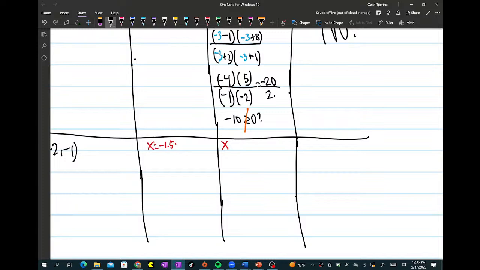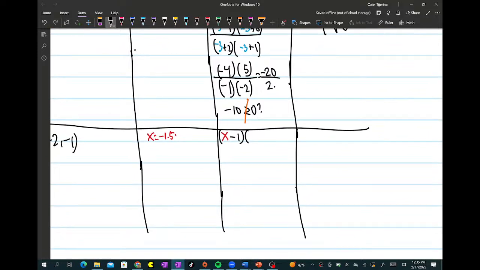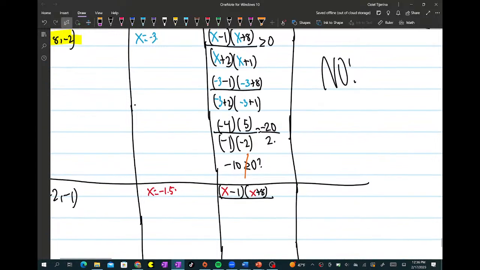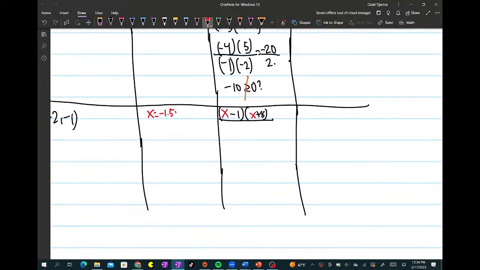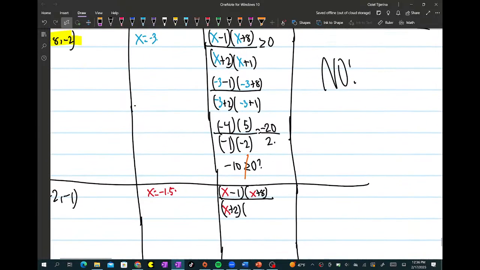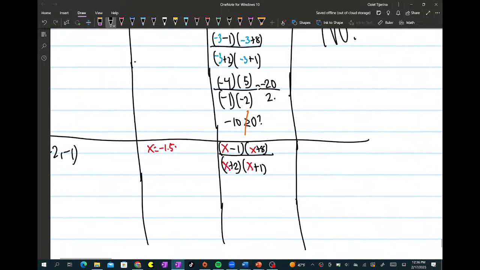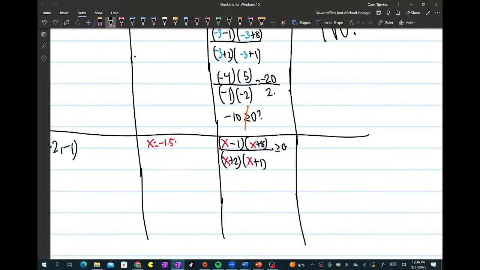We have (x minus 1) times (x plus 8) over (x plus 2) times (x plus 1), greater than or equal to 0, right?